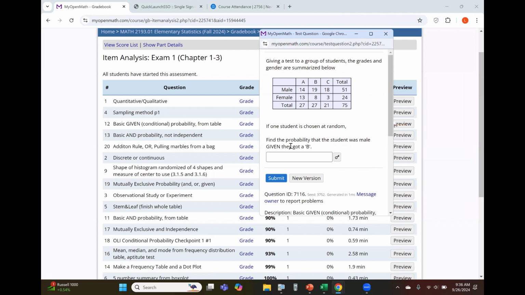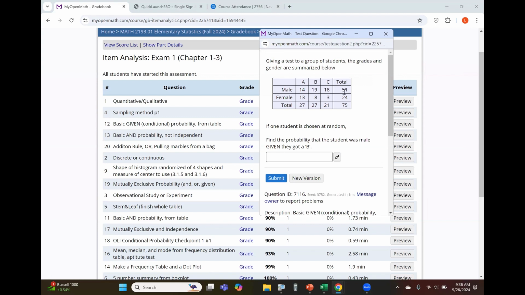So if we're looking at students who were male, given that they got a B, then you're only going to look at the number of Bs that were awarded. So how many Bs were there? 27? And how many of those were male? 19? So 19 of the 27.